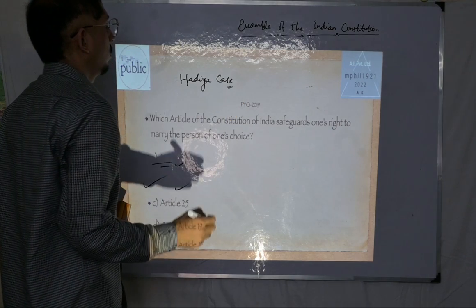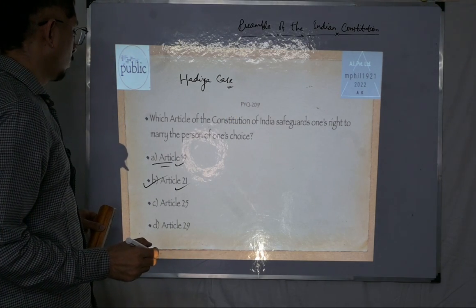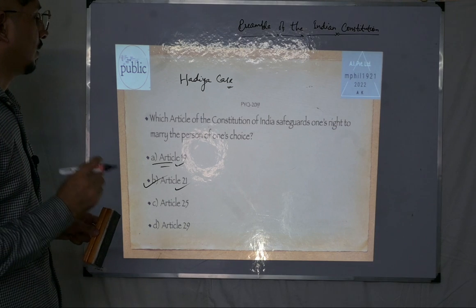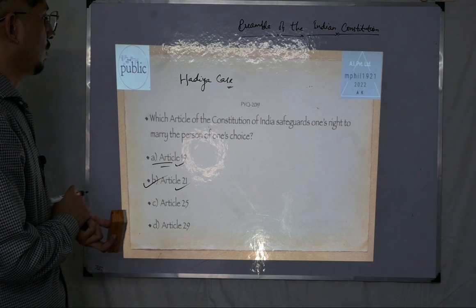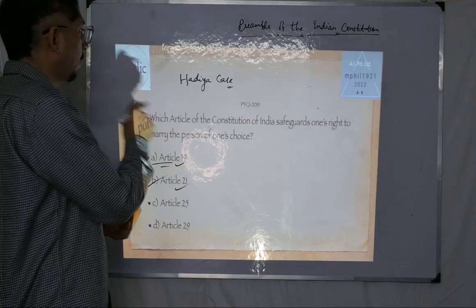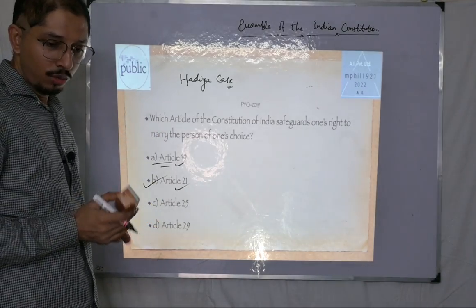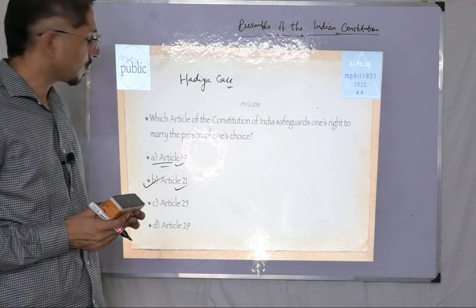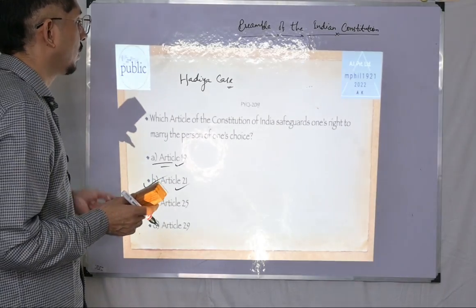In that case, the Supreme Court held that the right to marry the person of one's choice is derived from Article 21, right to personal life and liberty. So these are a little bit difficult questions.